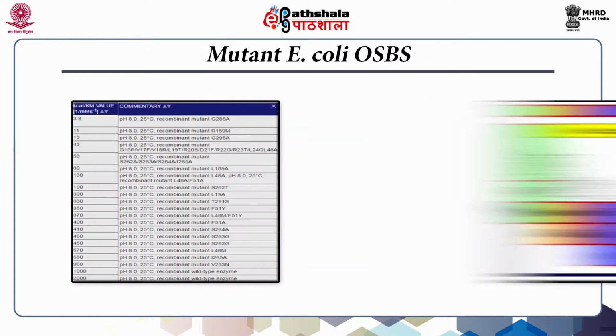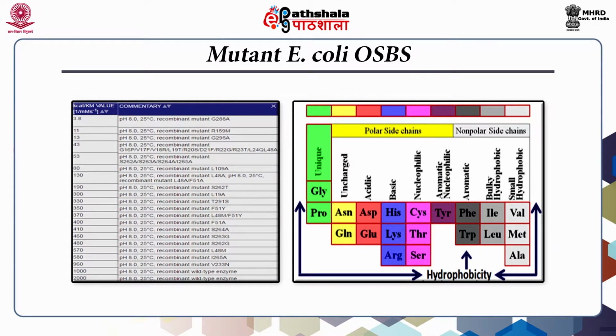The periodic spectrum of amino acids shows that mutations at positions 48, 51, 262, 288 were planned as per physicochemical properties. For example, replacement of leucine with methionine at 48, or phenylalanine with tyrosine at 51, or serine with threonine at 262, or glycine with alanine at 288 were introduced, keeping physicochemical properties in the periodic spectrum of amino acids.